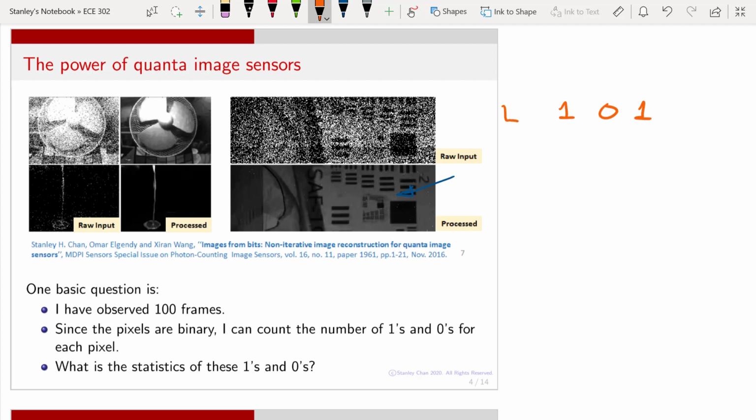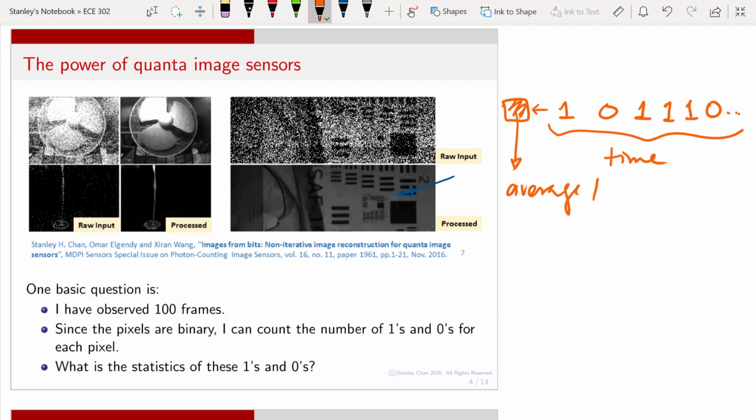So suppose this is your pixel, and you're observing 1, 0, 1, 0, and so on. This is the binary bit stream that you are seeing over time. Then over a certain period of time, you ask, what is the average number of ones that I will be able to see?